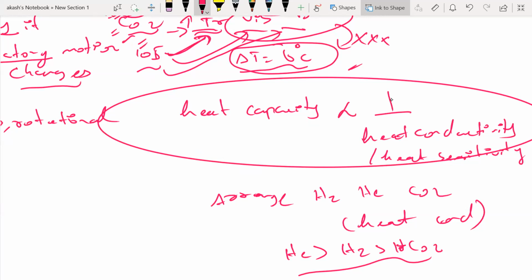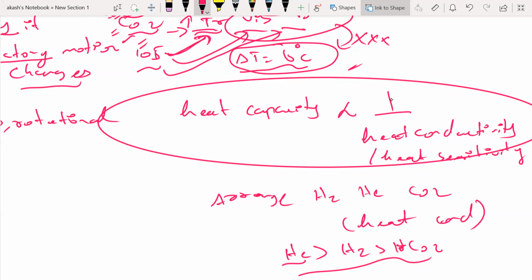We also understood why it is like this, because we understand that helium is monatomic, only translatory motion is there. So whatever energy is given to it will be used up for increasing the translatory motion. Very, very simple. And other things are going to follow accordingly.